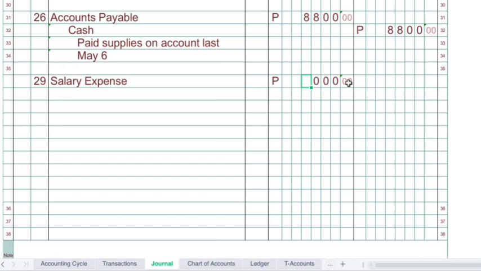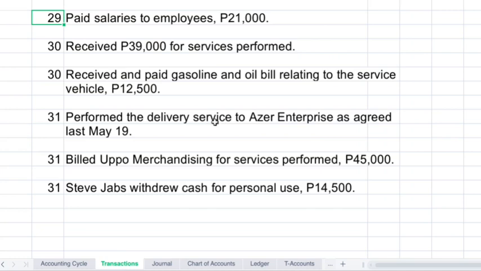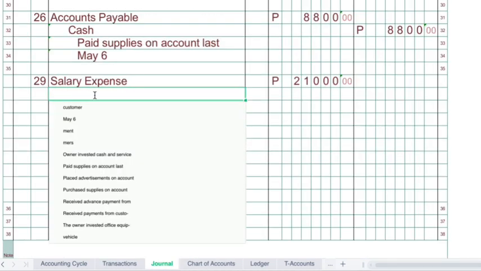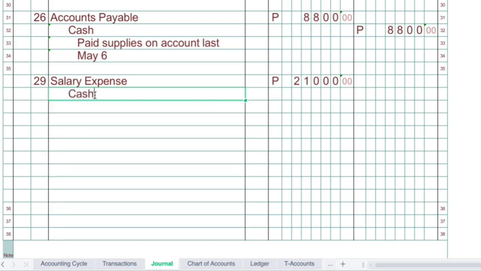Okay, it increases kasi, di ba? So hindi naman pwedeng bumababa or nagdi-decrease yung expense natin, binabayaran nga natin yun. Okay? So usually, yung expenses, lagi natin siyang dinedebit unless binalik sa atin yung bayad no expense na yun. Okay, 21,000. So we have to credit cash. Kasi nagbayad tayo.